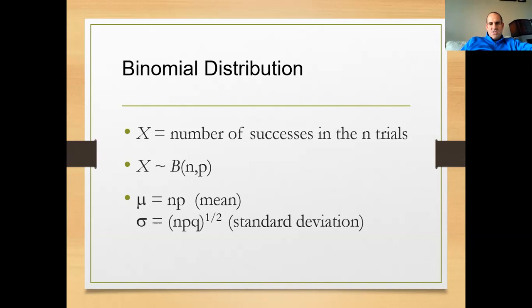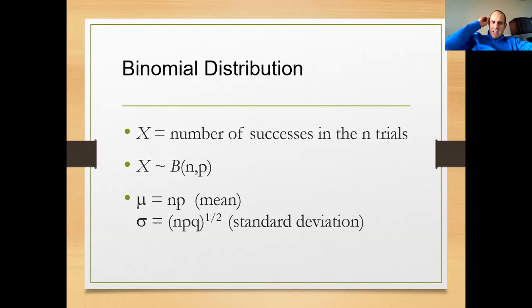And in general, that's what happens. The mean is just the number of trials times the proportion of success, so that's the expected number of successes. This should be intuitively clear. The expected number of successes is just the number of times you did the experiment times the proportion of success.